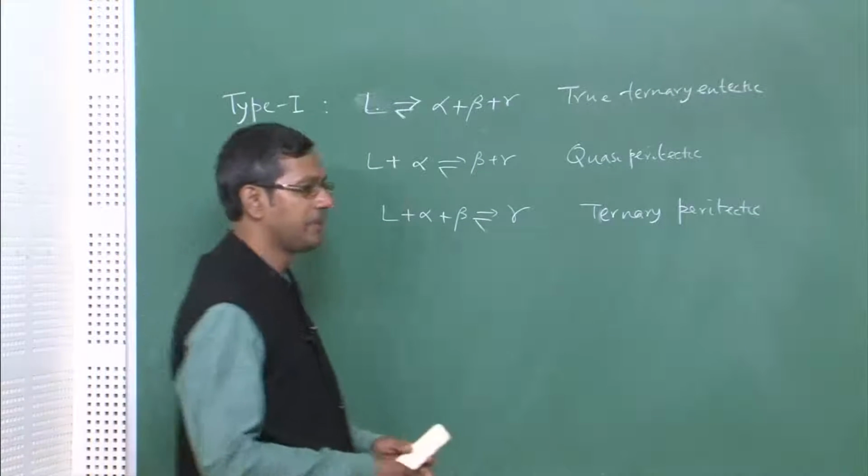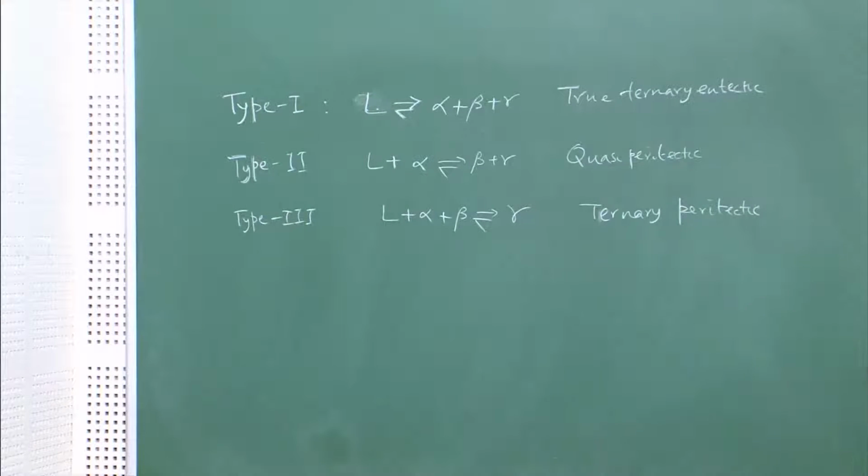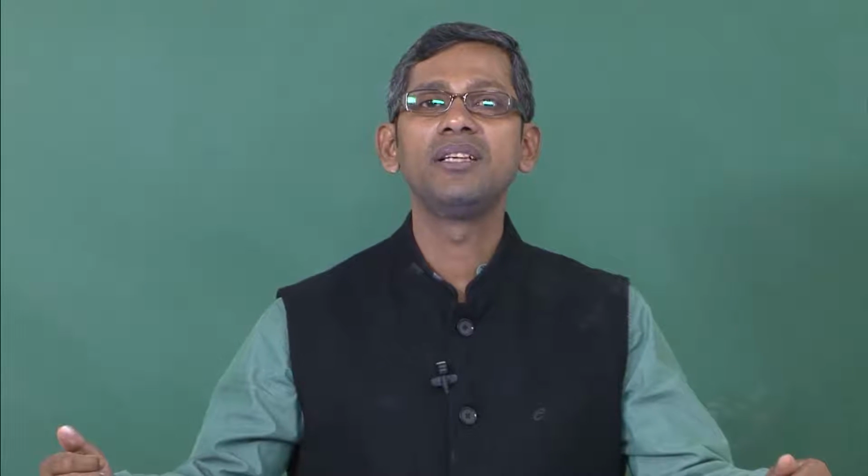So, now let me just tell you that 4-phase equilibria in a ternary system is basically an invariant equilibria, right. Why is it invariant equilibria? Mainly because it involves 4 phases, F equal to 0, right.